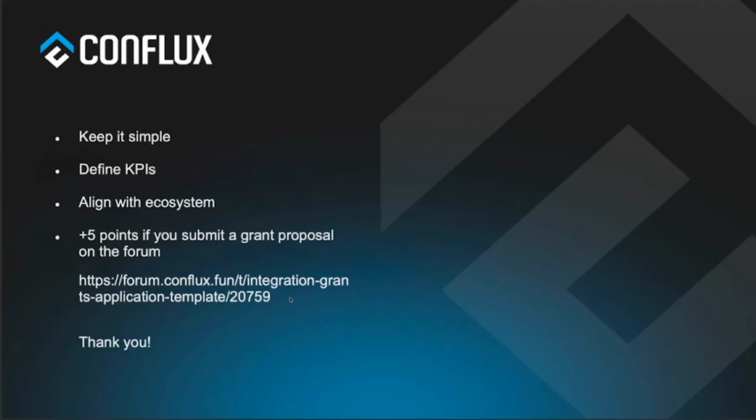And I have a link here, which is basically the grant application template that you have to follow. All the requirements, everything is there. You basically just need to follow the requirements, and you're going to be done. But you can ask anytime from any of us if you have any questions.